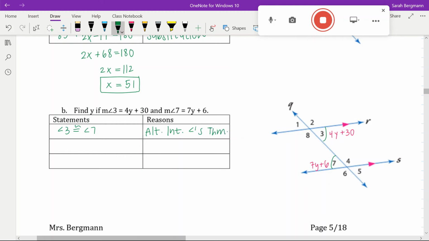Remember, feel free to abbreviate here. I know that means they have to have the same angle measure. Therefore, 4y plus 30 has to be equal to 7y plus 6.